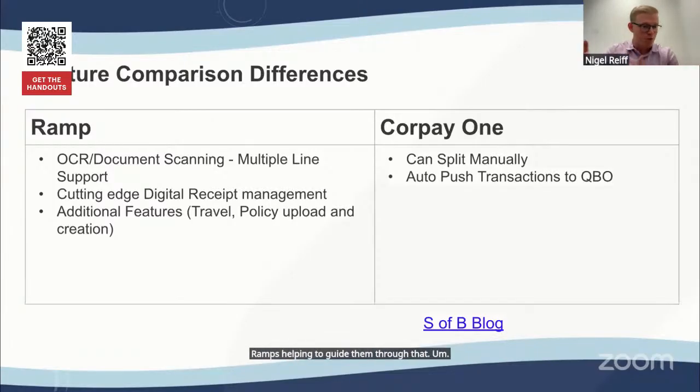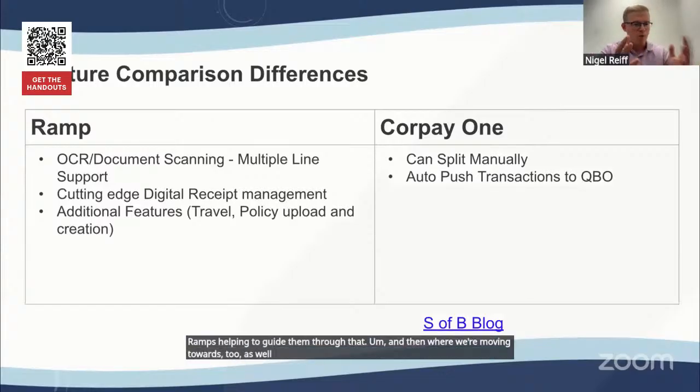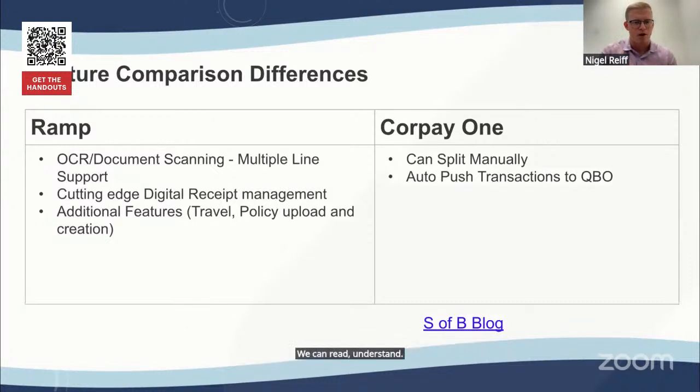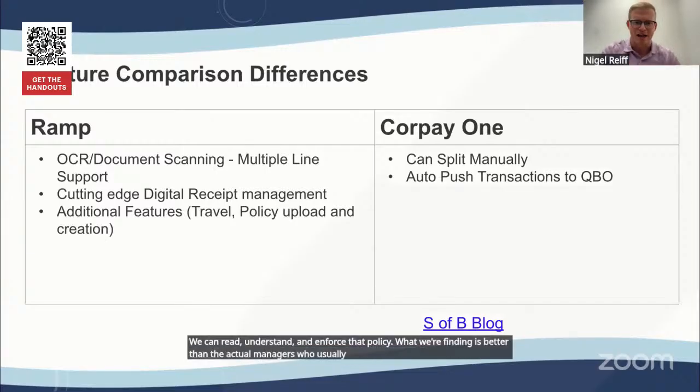And then where we're moving towards as well, and we're going to be diving into this in future slides too, are these AI agents that we're building into the platform. What we're starting with is our approval agent. What this does is it can read, understand, and enforce that policy. What we're finding is it does this better than the actual managers who usually are reviewing transactions.